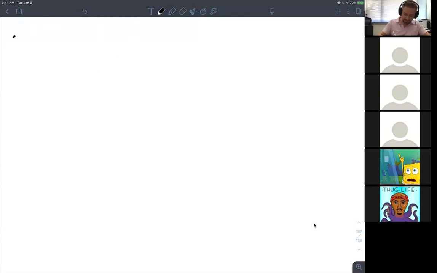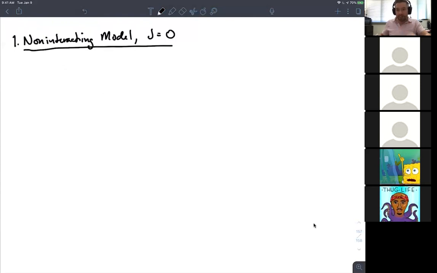So first, let's start with the non-interacting model. That is J is equal to 0. All right, so if we write down our Hamiltonian for J equals 0, all we've got left is mu B sum over sigma_i.